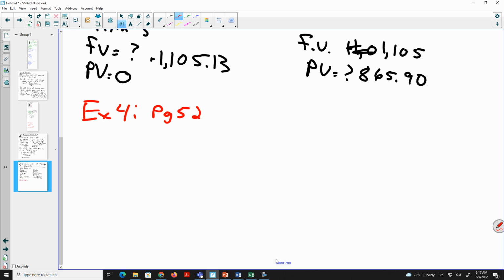Celia has found a trust account that earns a fixed rate of 10.8% compounded annually. All right. What regular payments must Celia make at the end of each year to meet her goal of $300,000?